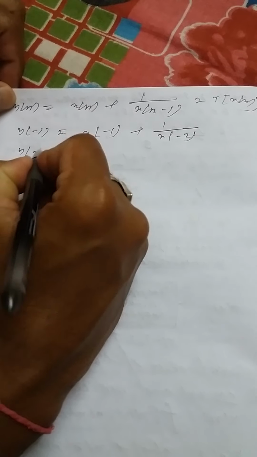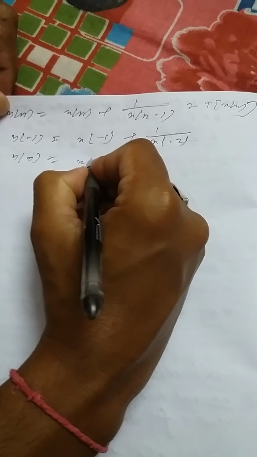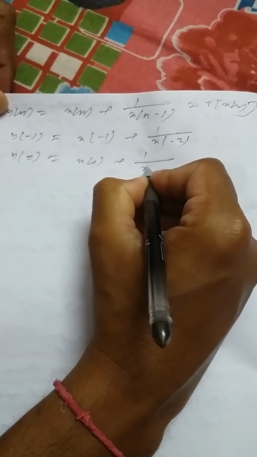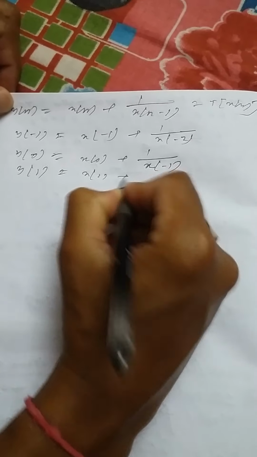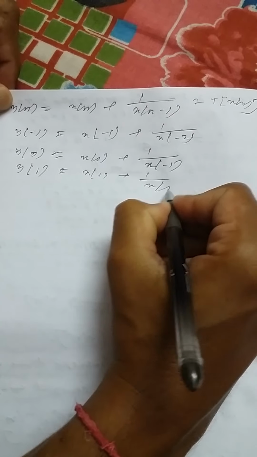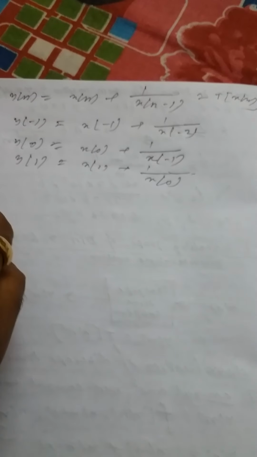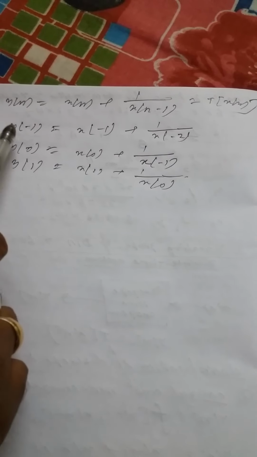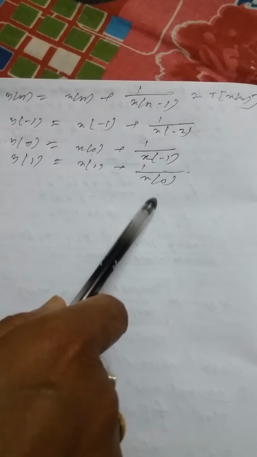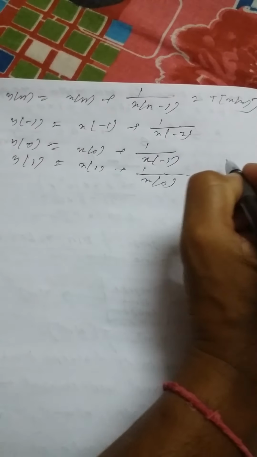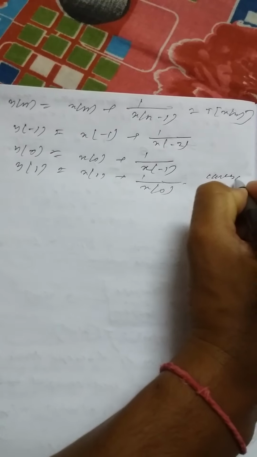Now y of 0 is equal to x of 0 plus 1 by x of minus 1. Y of 1 is equal to x of 1 plus 1 by x of 0. So for all the cases, the output of the system depends on present and past inputs. That's why this system is causal.